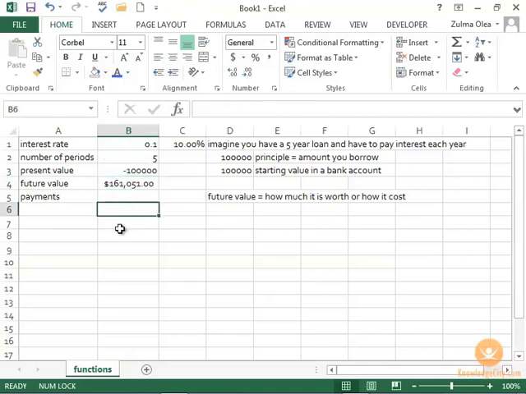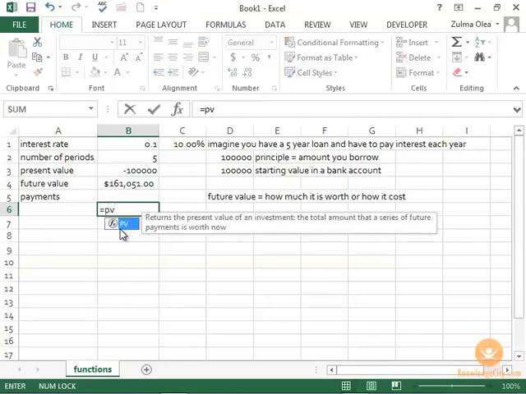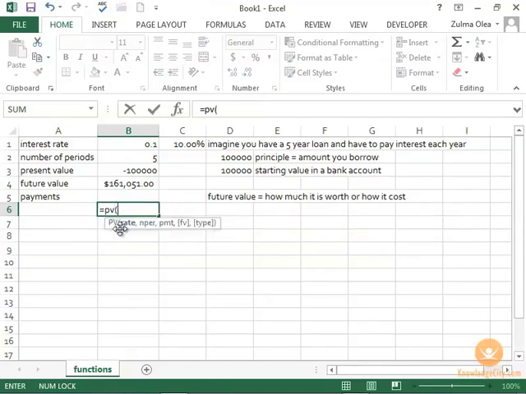Now let's say I said, okay, what would be the present value if I hope to get something in 5 years? So present value, say it's 10% again. Say it's 5 years again. Now, I won't give you the payments. Let's say, what would the present value be?